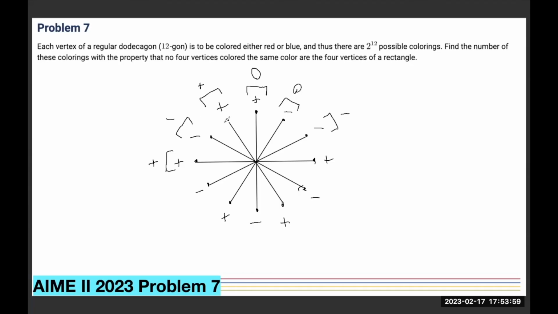Oh, this is interesting. I accidentally put another rectangle in here. And essentially, hopefully you can see where we're going with this: there is a rectangle with all four vertices the same color if and only if among these 6 symbols that we draw here, we have at least 2 positives or at least 2 negatives.